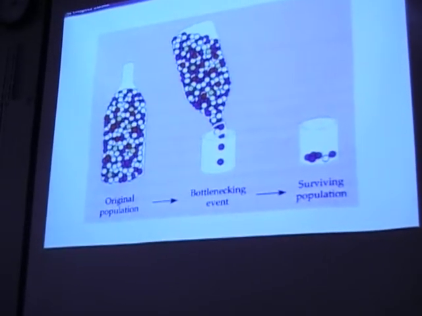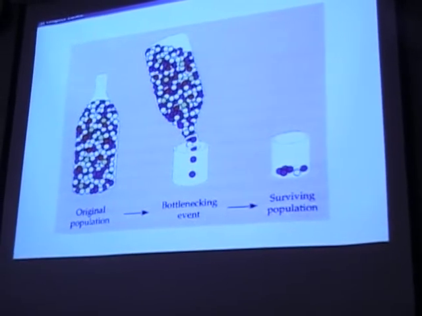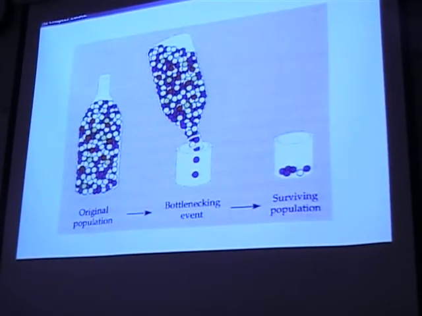Maybe there's a big forest fire or a flood or like the meteor hit that killed all the dinosaurs. Remember that? Some kind of event happens where only a lucky few survive. You could imagine a forest fire coming through and killing most of the population, but only a lucky few happen to survive. Why? Just because they were lucky. We call that a bottlenecking event.